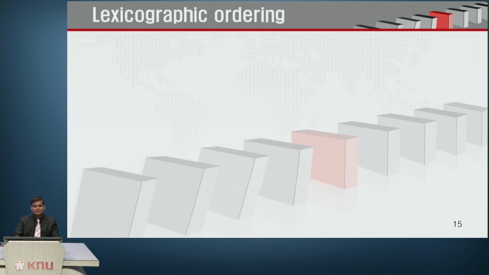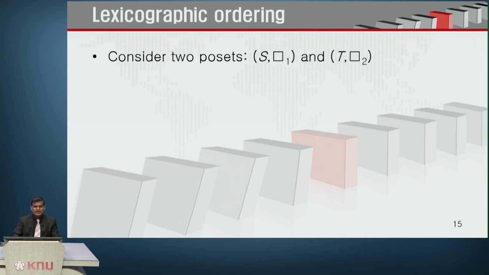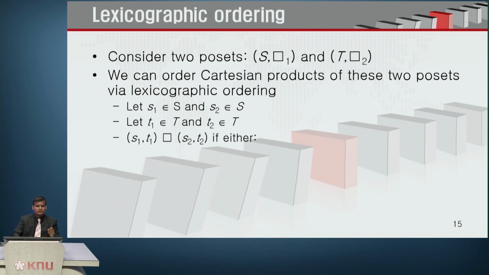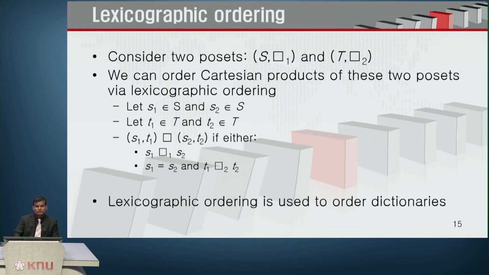Lexicographic ordering. Well, consider two posets (S, ⊑1) and (T, ⊑2). So we can order the Cartesian product of these posets via lexicographic ordering. Say s1 is an element of S and s2 is an element of S, t1 is an element of T and t2 is an element of T. So (s1, t1) ⊑ (s2, t2) if either s1 ⊑1 s2, or s1 equals s2 and t1 ⊑2 t2.